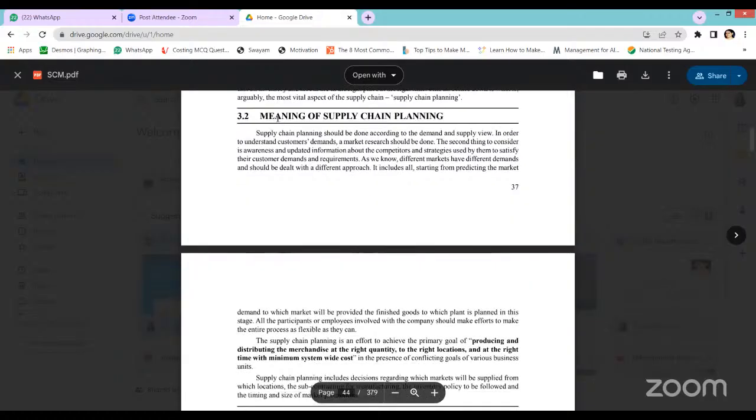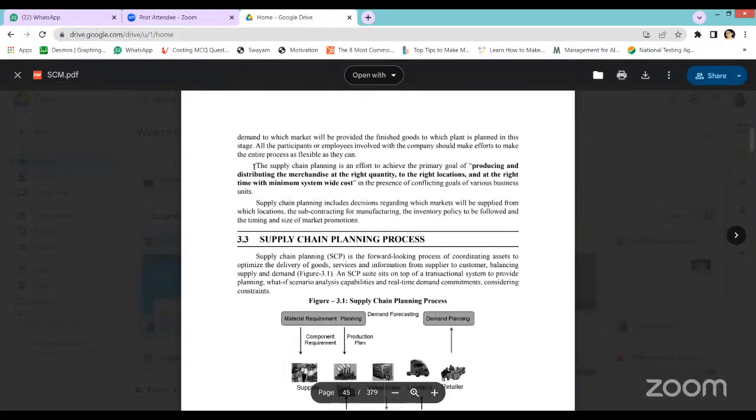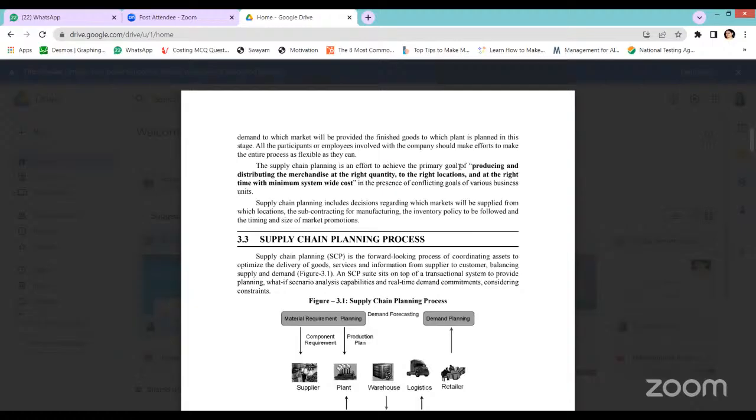Supply chain planning is an effort to achieve the primary goal. What is the primary goal? Producing and distributing the merchandise at the right quantity, to the right location, at the right time, with minimum system-wide cost, in the presence of conflicting goals of various business units.